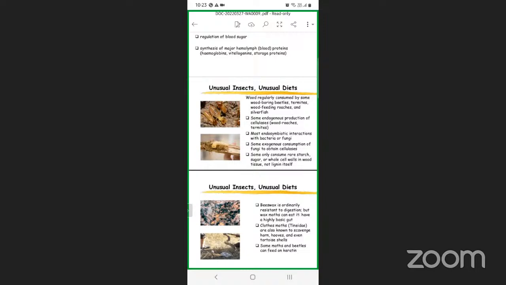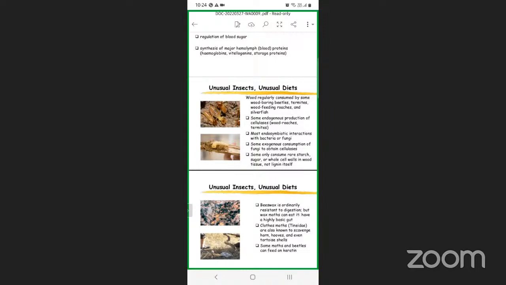And some aphids which are totally dependent on plant sap don't have polysaccharides and lack amylase and proteinase, but they have the invertase enzyme to do the processing.